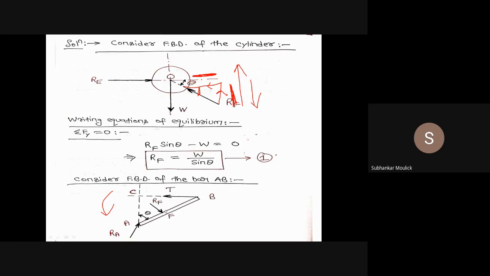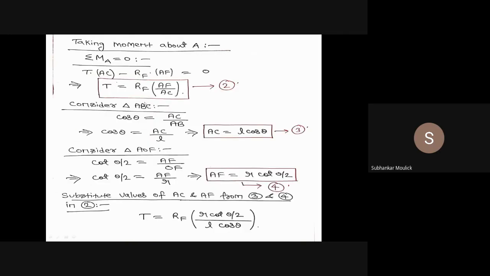Next, RF will give a moment at point A, and that moment will be RF into the perpendicular distance to point A, that is AF. This RF into AF will try to rotate the bar AB in the clockwise direction. Since anti-clockwise we have taken positive, we have to take the clockwise moment negative, that is minus RF into AF.